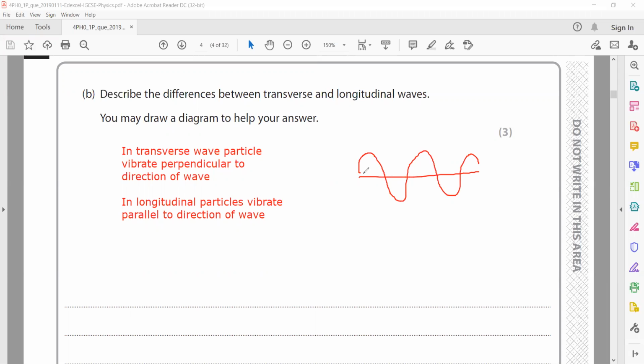So in a transverse wave, the particles are vibrating perpendicular, whereas in a longitudinal wave, the particles are vibrating parallel to the direction of the wave. The region where the particles have maximum displacement is rarefaction, and the other one will be compression. And the highest point for a transverse wave is a crest, and the lowest points are troughs.